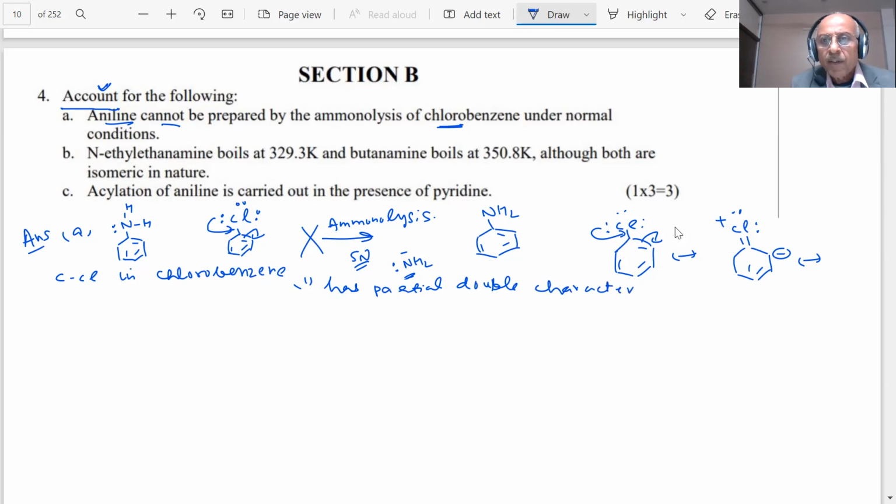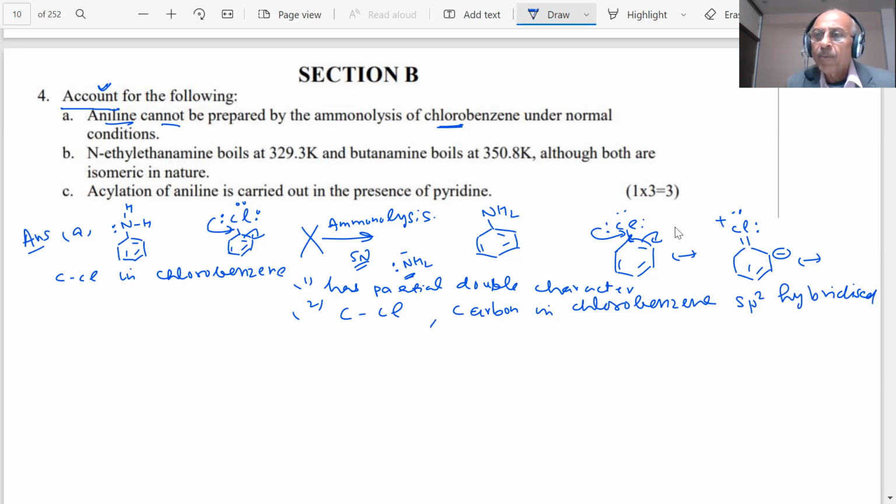Number 2, this carbon of C-Cl in chlorobenzene is sp2 hybridized. If you compare this with haloalkanes, they are sp3 hybridized.